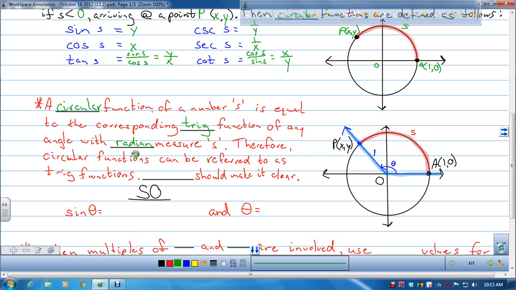It's just that when using these radians, we can apply these as numbers and not necessarily just angles, and we can use them for different things. These circular functions can be referred to as trig functions, and the context of the problem should make it clear which we mean. Regardless, they are going to be the same.